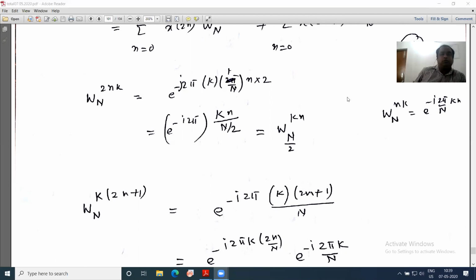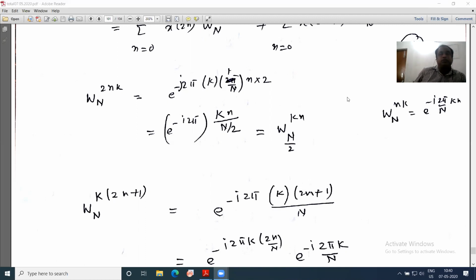And we have already discussed that as per the computational complexity, the number of complex additions and the number of complex multiplications will be less if N, the N-point DFT, is reduced.